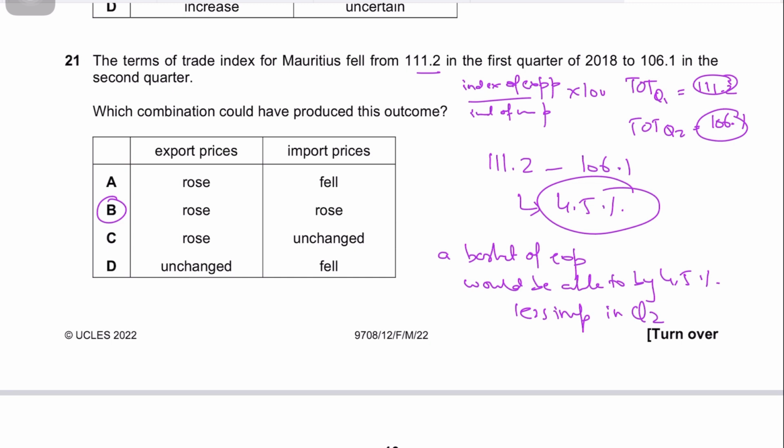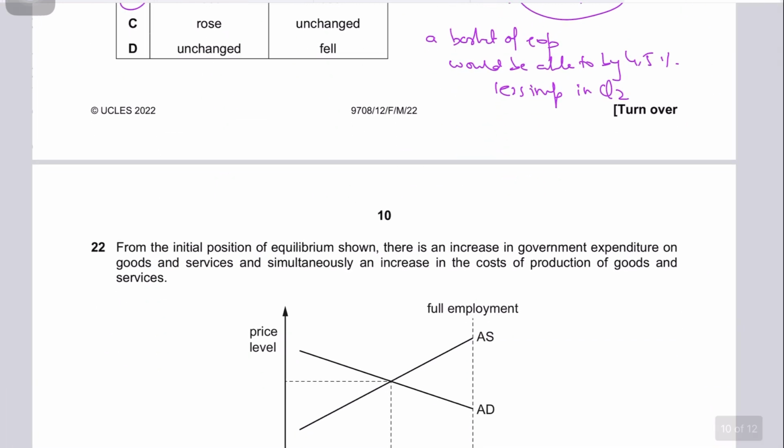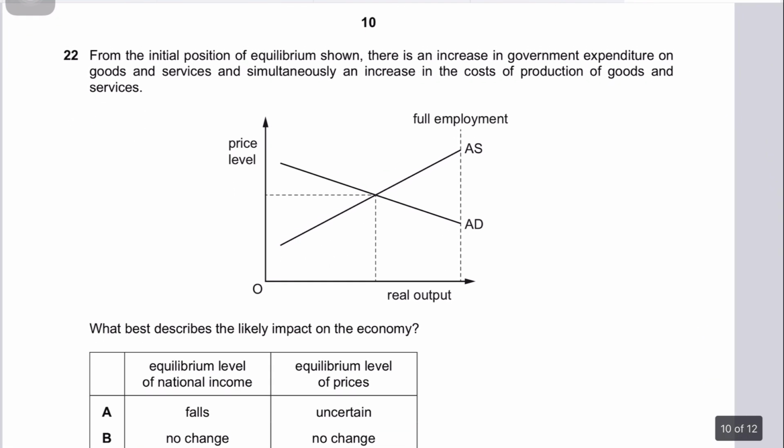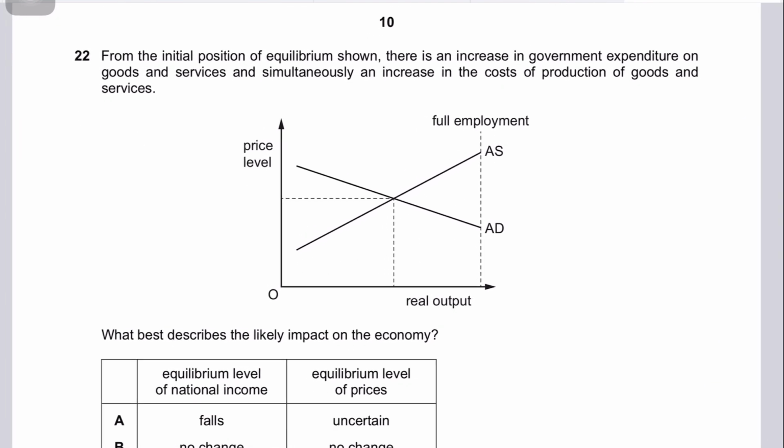And in that sense, we need to export a higher quantity to buy the same quantity of imports. That is basically the analysis of these figures, right? So we need to export a higher quantity in quarter two to buy the same basket of imports.